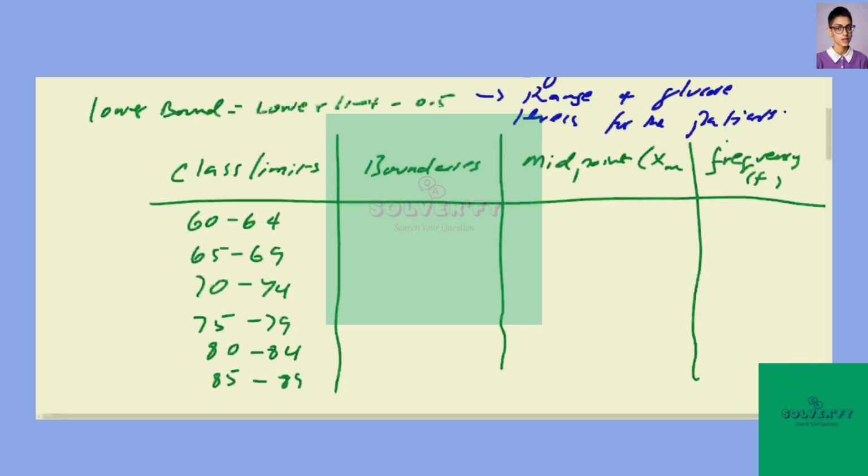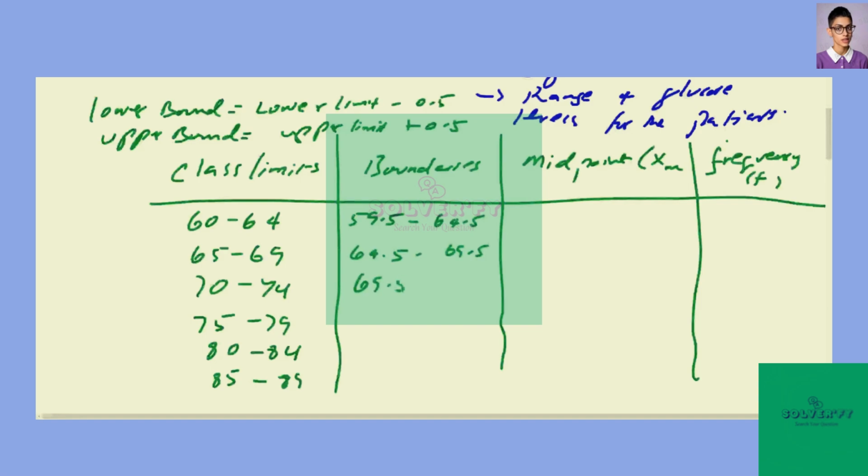And if we want to get the upper bound, we're going to take the upper limit of the classes of glucose levels, and then you add 0.5, and that simply means that this goes from 59.5 to 64.5, 64.5 to 69.5. We have 69.5 to 74.5.